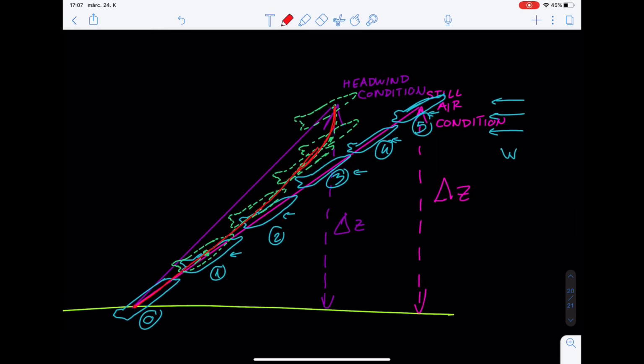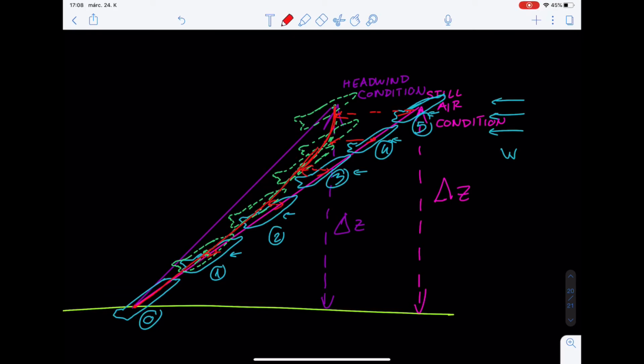And this is how it looks, right? At any given state, you could draw up these triangles and get the same result. But the point is that you had these little single steps where the effect of the wind is added up in every single second, and this is what makes sense between the two centers of gravity.